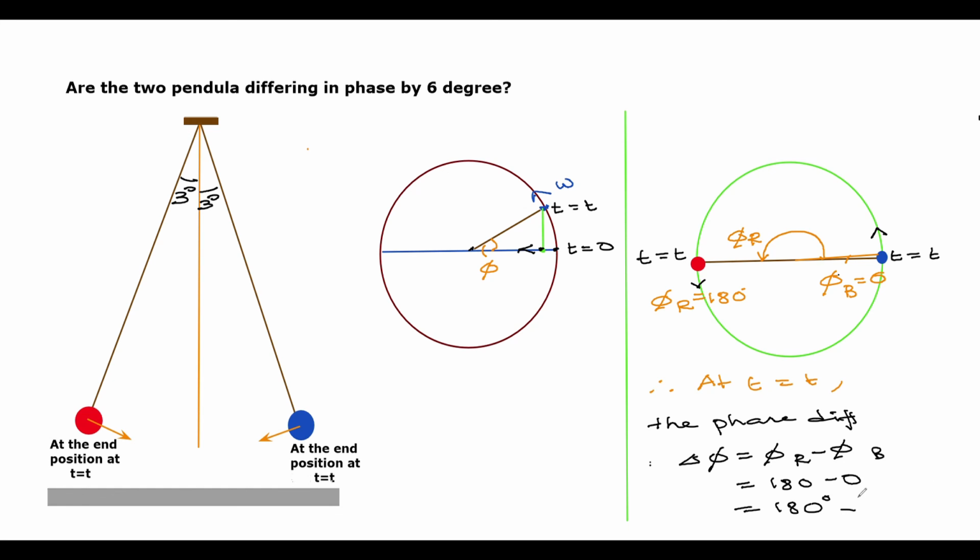So the point that we must note is that in actual visible motion, phase angle is not observed. Phase angle is observed only in the corresponding circular model of the motion.